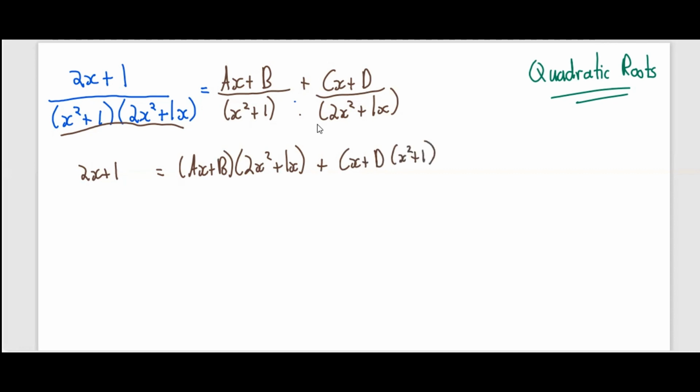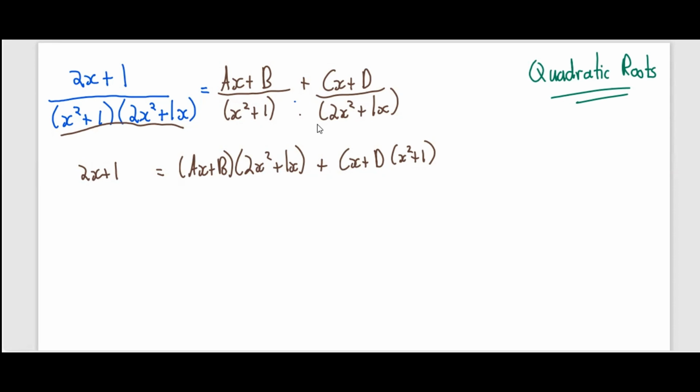The way to think of it, to know what you multiply by: when you multiply both sides, it's every other denominator on this side except the one it's under. So ax plus b by this. If it had more, it would be ax plus b by all the other denominators except the one it's over. The same idea applies for this one: every other denominator except the one it's under. So we have this here now.